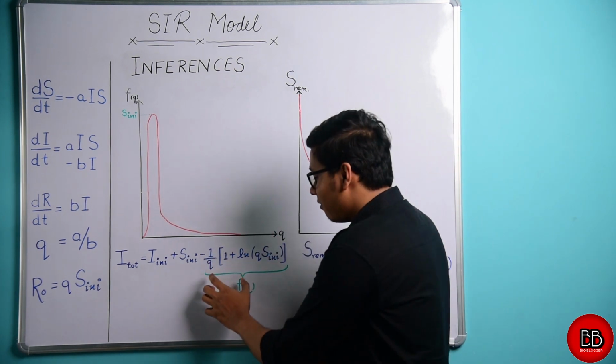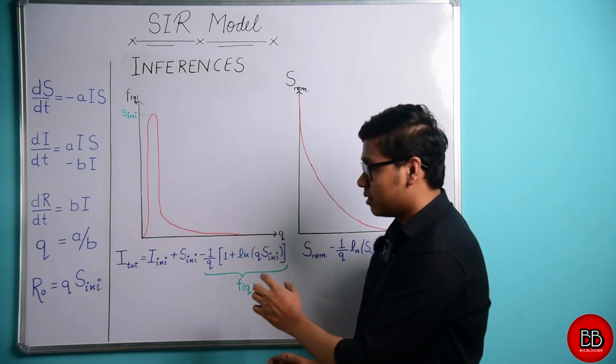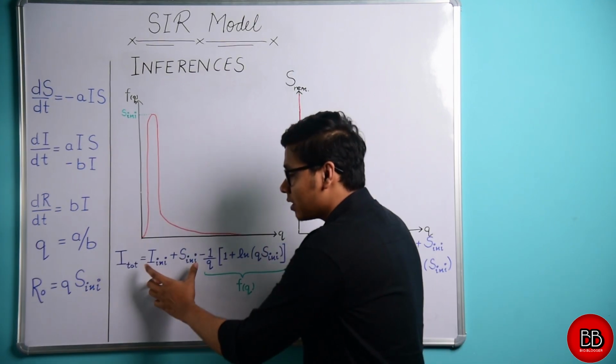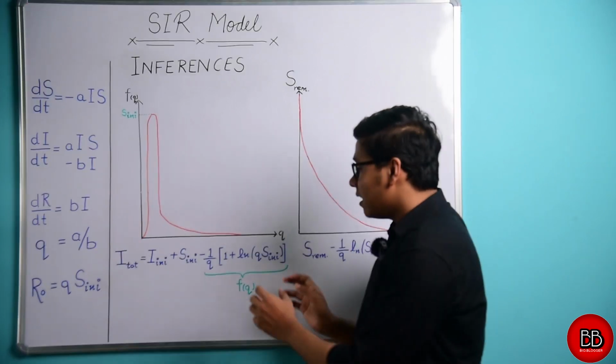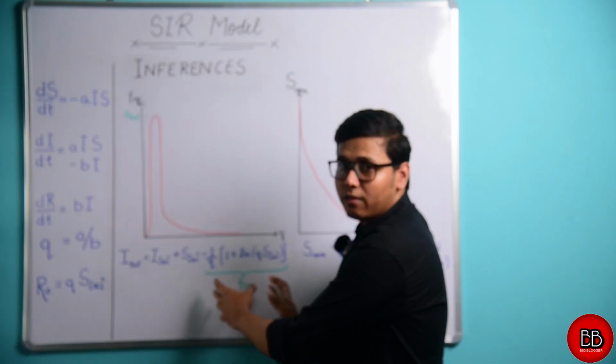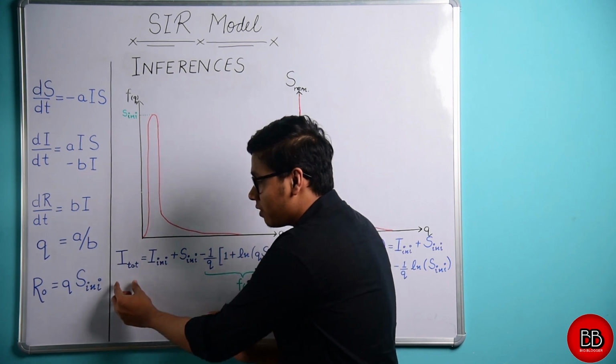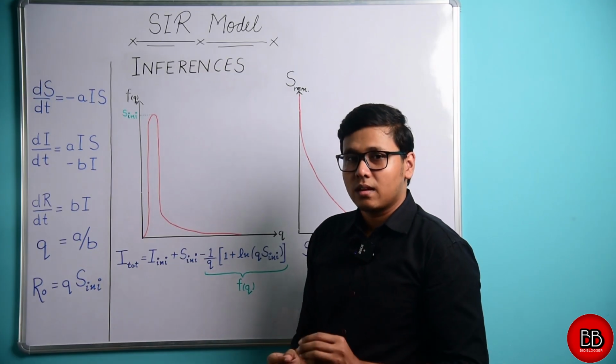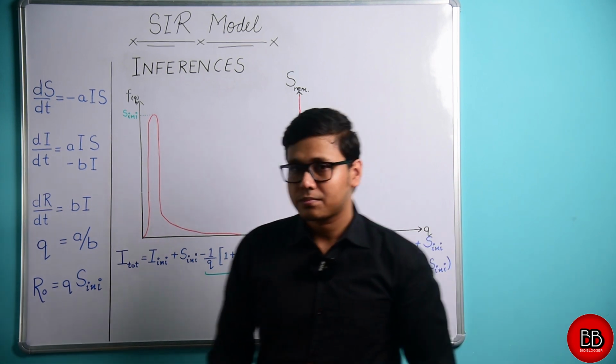That we have a very small value to be subtracted from the total population, and the smaller this value, the larger will be the number of people getting infected with the disease. I hope you are getting my point.